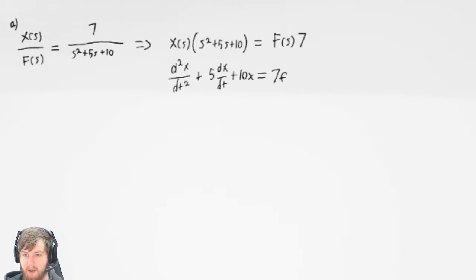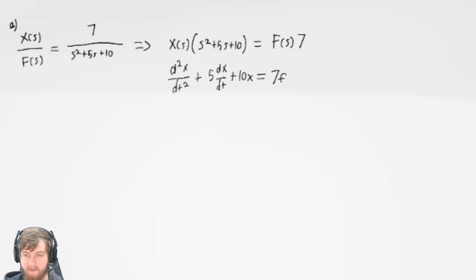That's it. So we got a second order linear differential equation. Pretty simple. It's not as complicated as it would look when you take your first glance at it. And so the rest of them can be solved this way too.